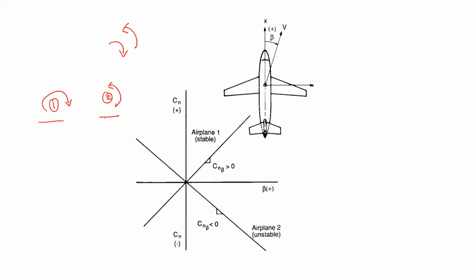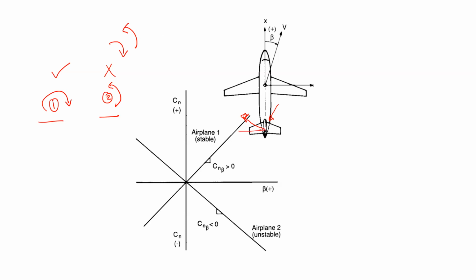According to me, it is 1. Yes, 1 is right and 2 is a wrong answer. So remember, if an aircraft is directionally stable, it tries to make beta 0. Because the flow is coming like this at the vertical stabilizer, there is going to be a lift force, or rather a side force, in this direction.